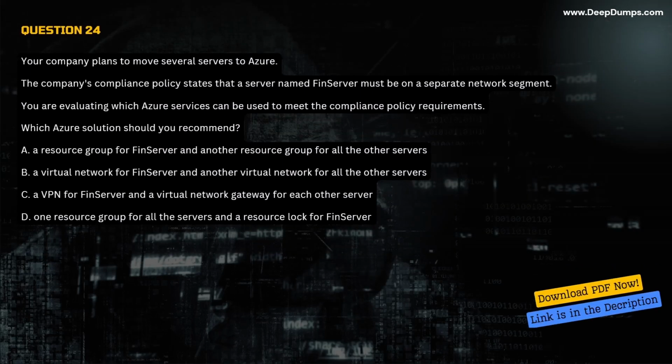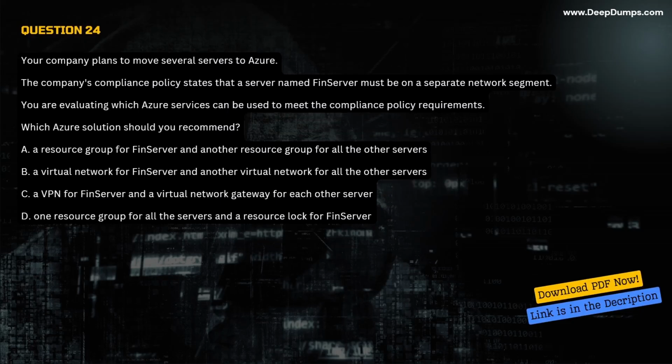Question 24. Your company plans to move several servers to Azure. The company's compliance policy states that a server named FinServer must be on a separate network segment. You are evaluating which Azure services can be used to meet the compliance policy requirements. Which Azure solution should you recommend?